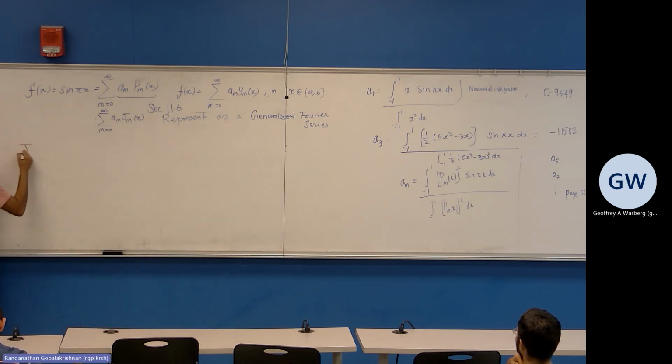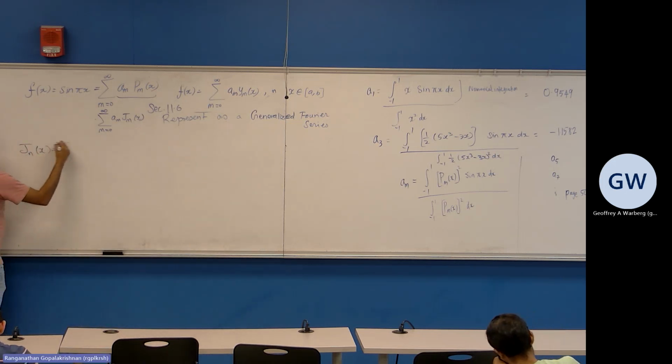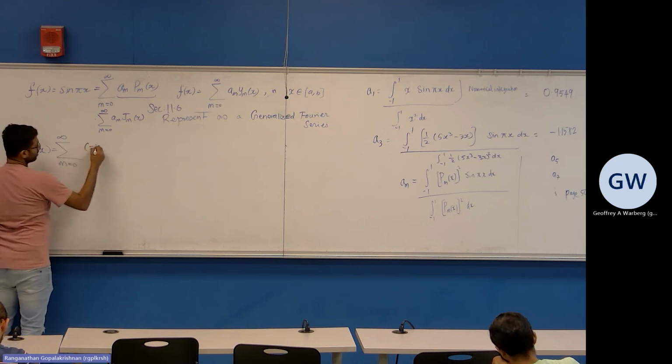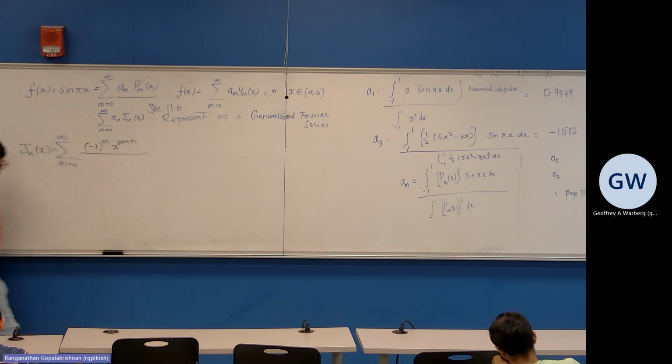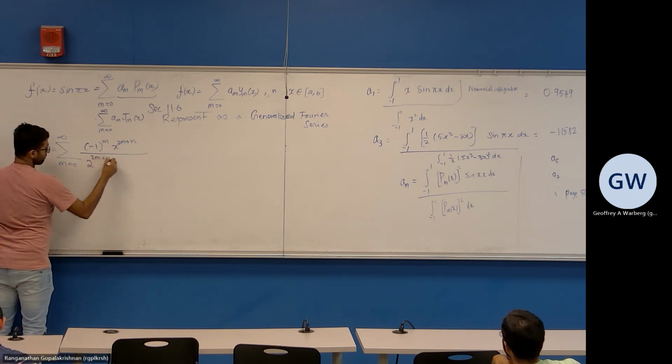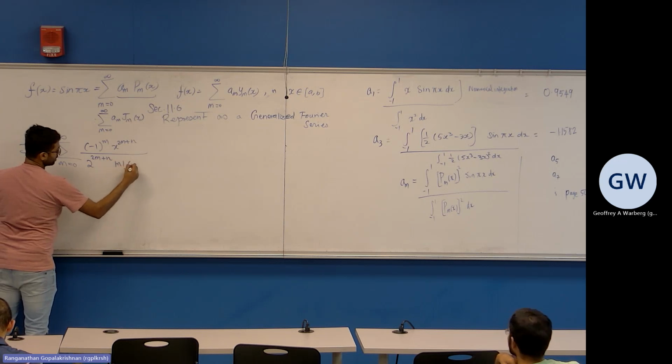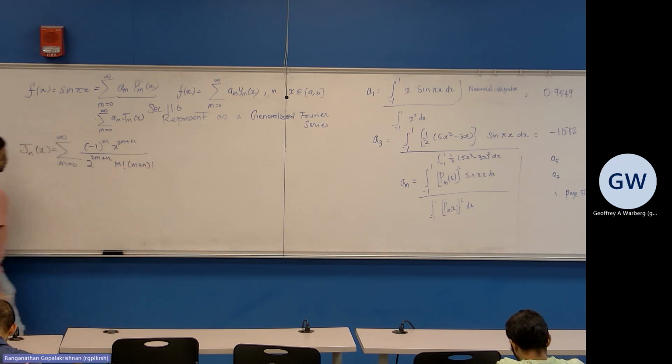So we want to write J_n of x equal to the sum from m equals 0 to infinity of (-1)^m x^(2m+n) divided by 2^(2m+n) times m factorial times (m+n) factorial. So you can get J0, J1 and so on and so forth.